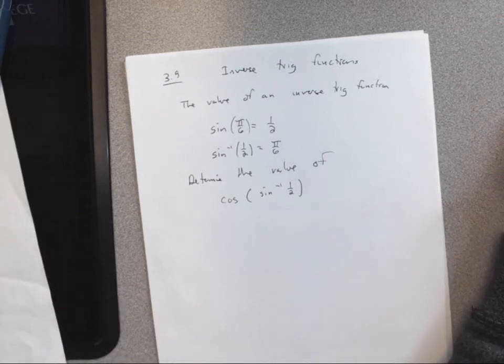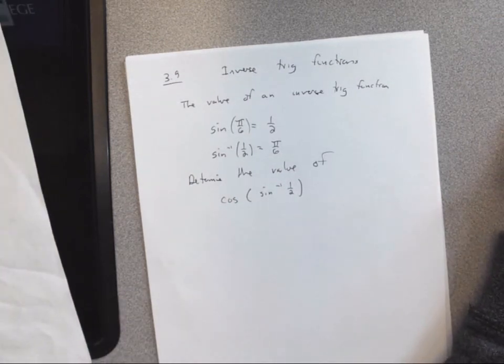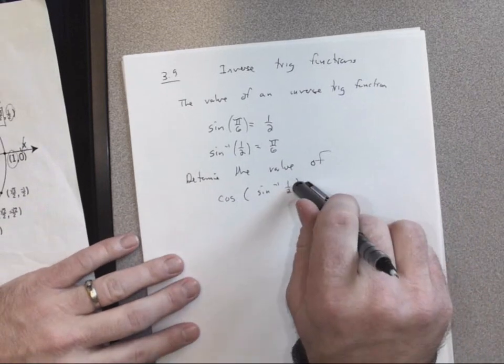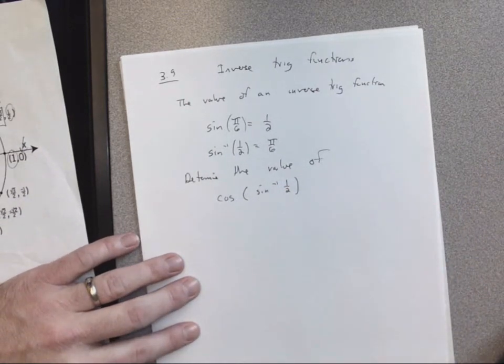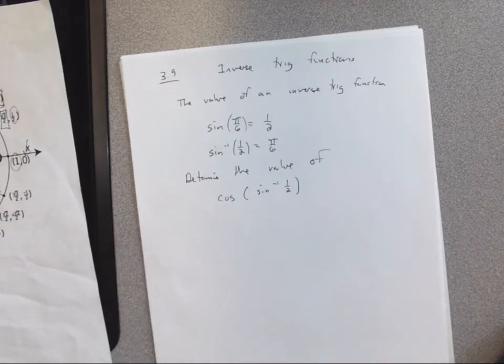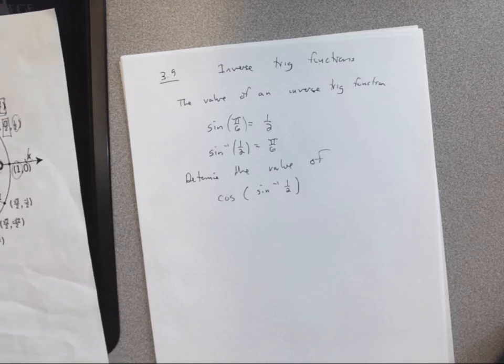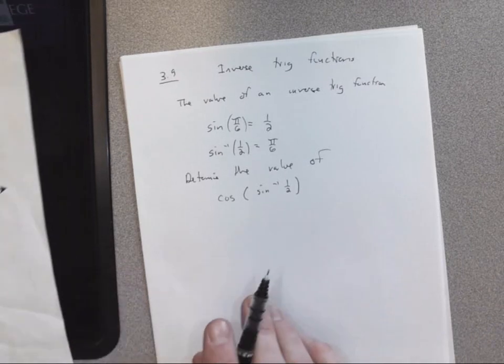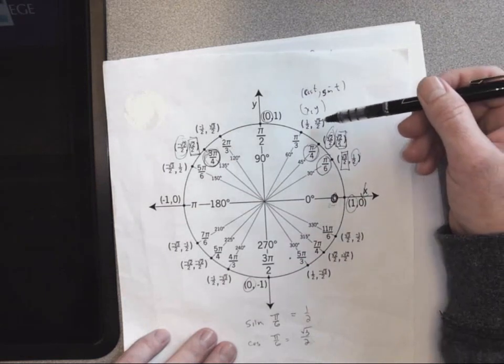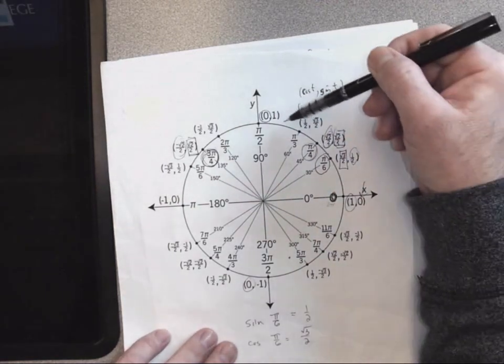It's really nice if we have some easy values here. So I'm going to show you what the value of this thing is, and then I'm going to go through the longhand way of how to pull this off, okay? Because not always are we going to be given just these pretty values here, okay?